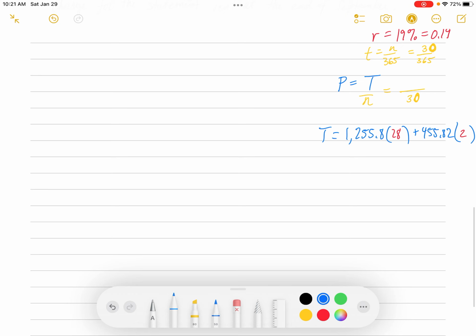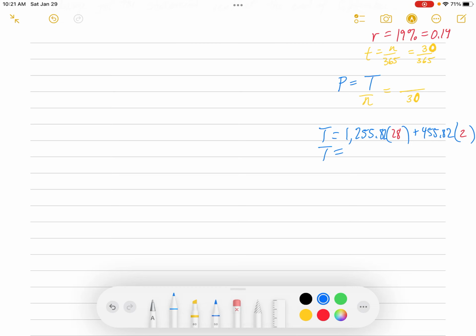Yeah, so now we're going to calculate that capital T, sum of all balances subject to interest throughout September: 1,255.82 times 28 plus 455.82 times 2.